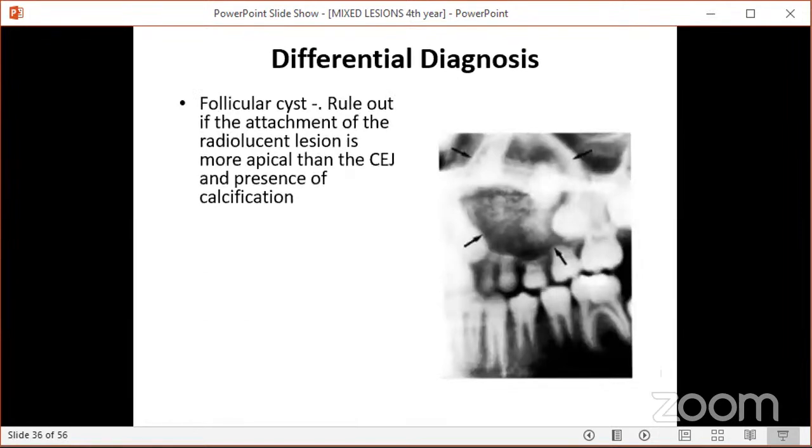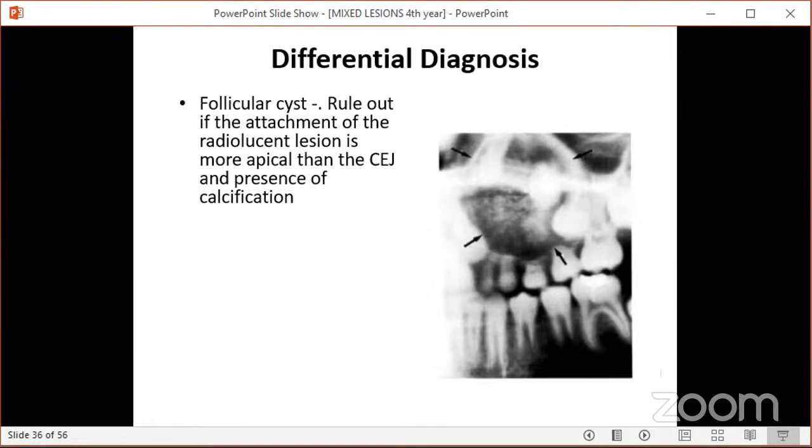So what are the differential diagnoses? So this lesion may appear like a follicular cyst. So you rule out if the attachment of the radiolucent lesion is more apical than the cemento enamel junction, and if there is a calcification present. The follicular cyst, you find it in the pericoronal area.